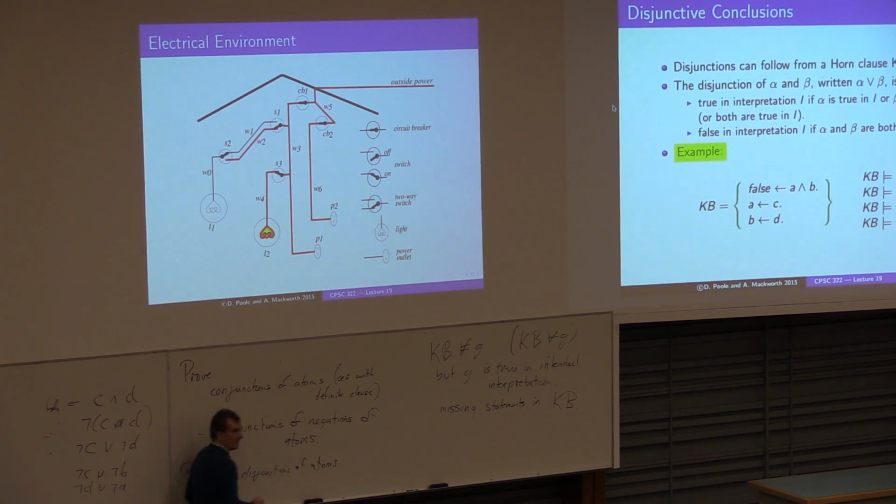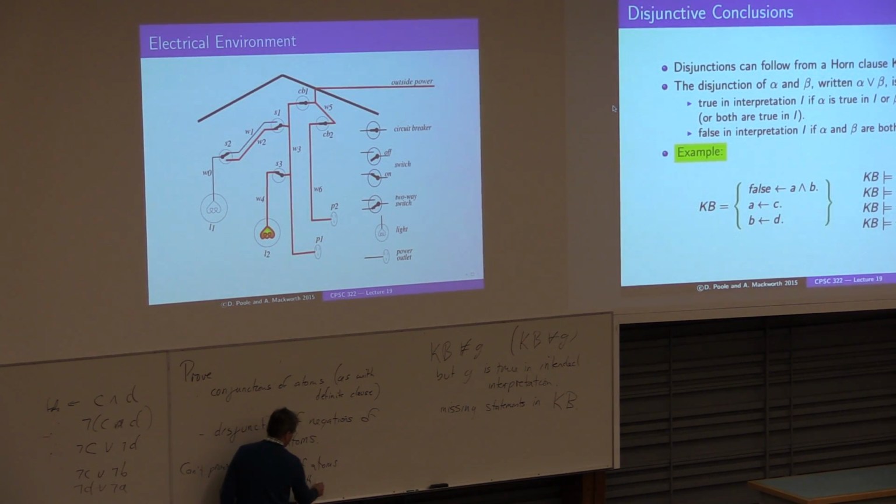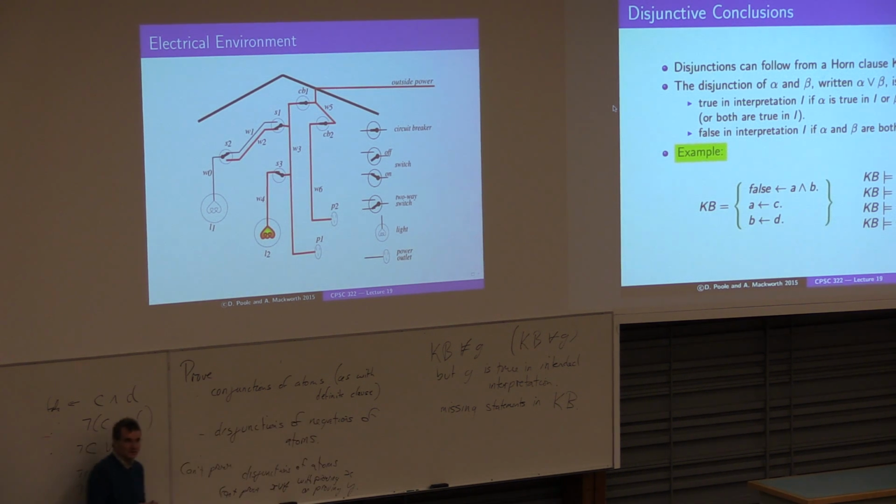We can't prove that A or B is true without proving one or the other. Right, so we can't prove X or Y without proving X or proving Y. Whereas in normal propositional logic, you can do this.